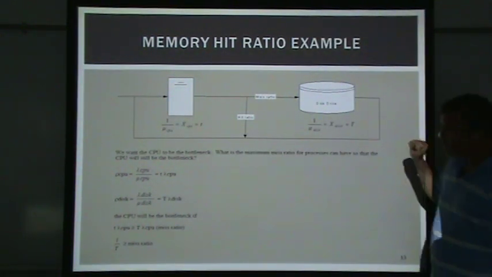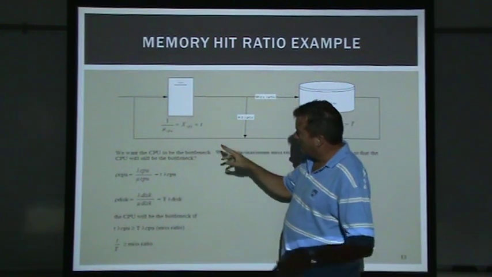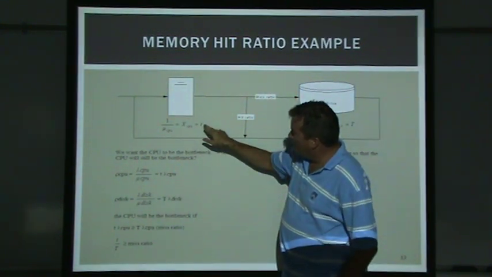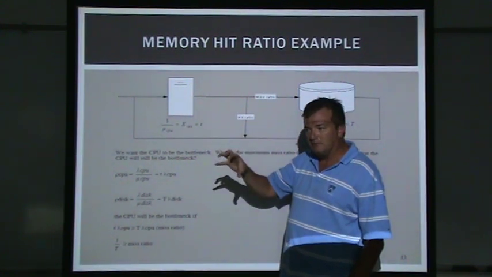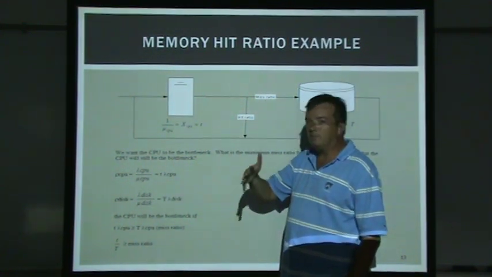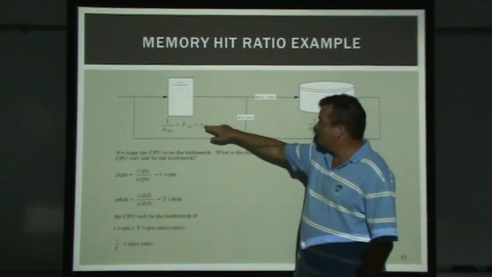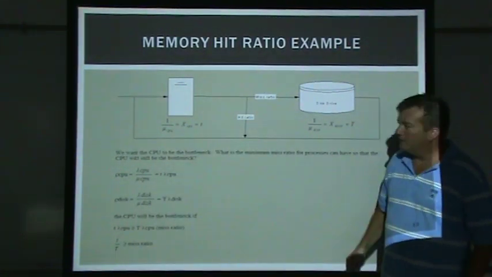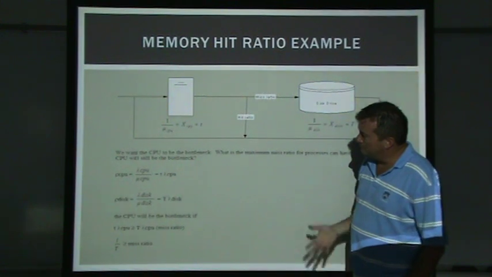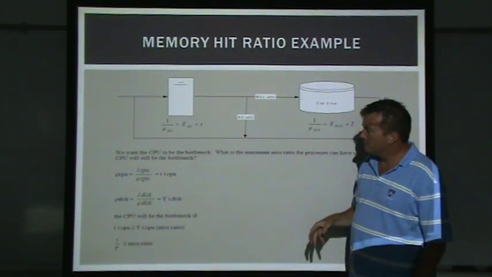So what does that end up meaning? Maybe I'll give a concrete example. Suppose the time to process an instruction that is in memory is 1 millisecond. And the time to process an instruction where you have to go out to the disk drive, copy the page in, and then run it is 1 second.